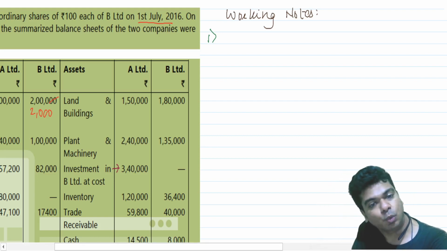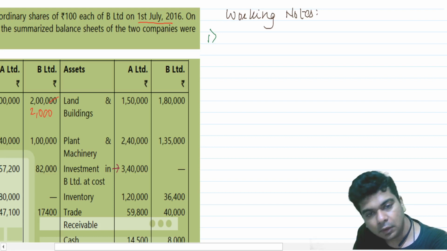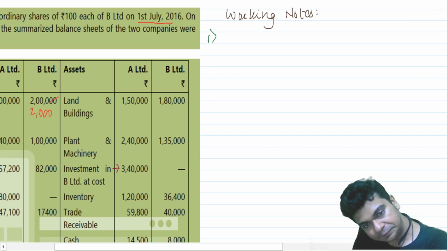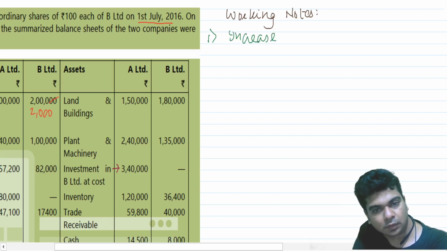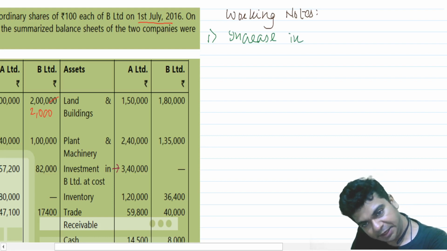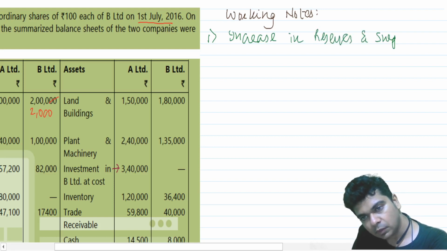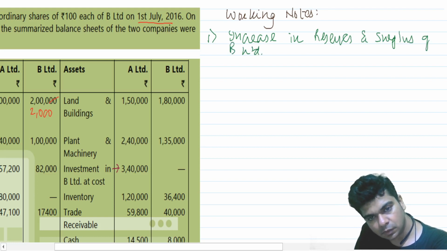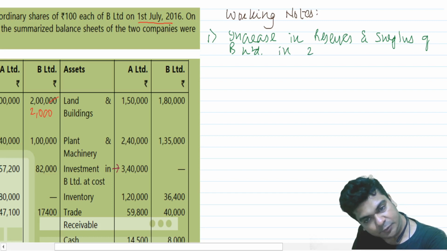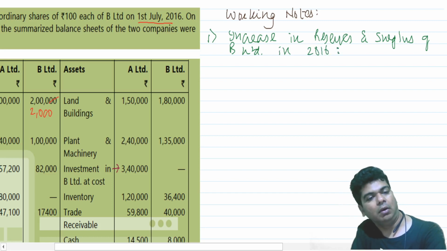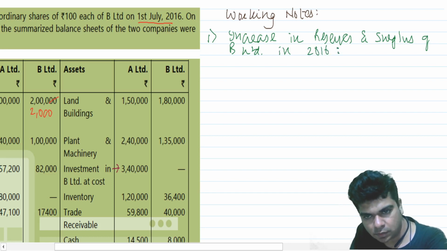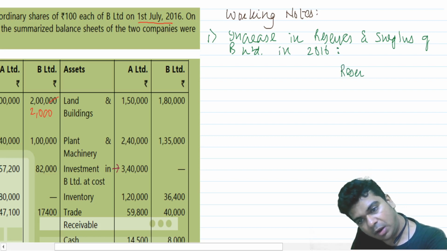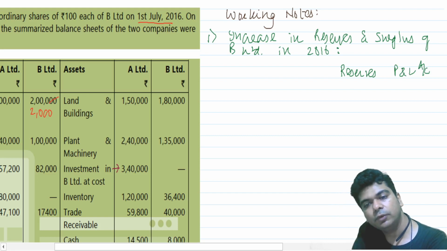Let's do the first one. We would like to know the increase in reserves and surplus of B Limited in 2016. We prepare columns for reserves and profit and loss account.